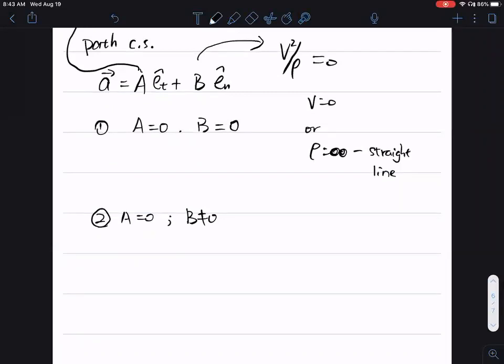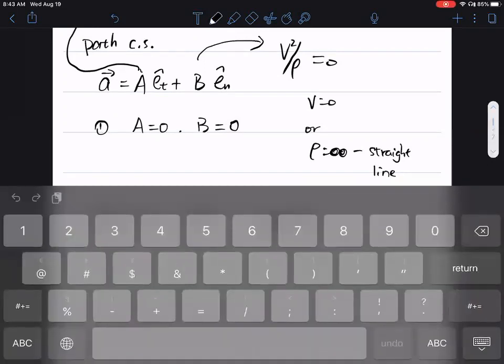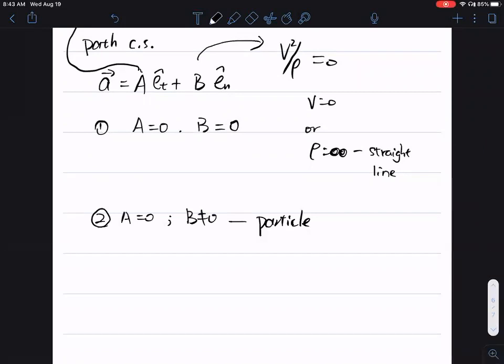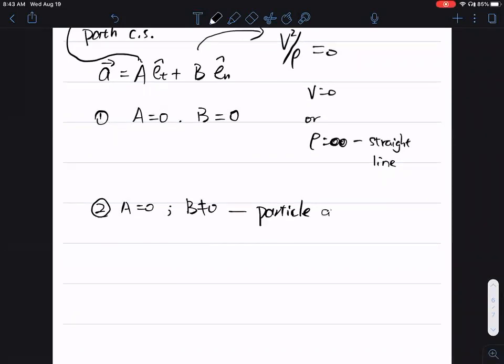So under this condition, the particle is traveling at a constant speed, but it's taking a turn.